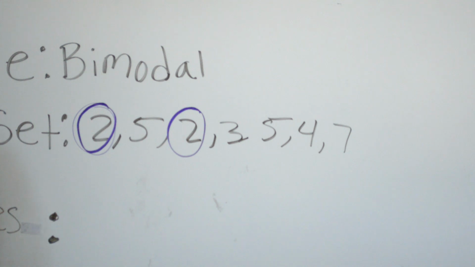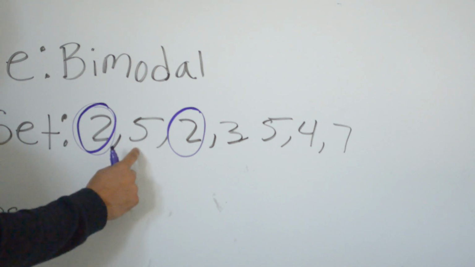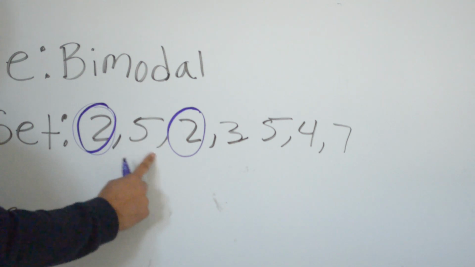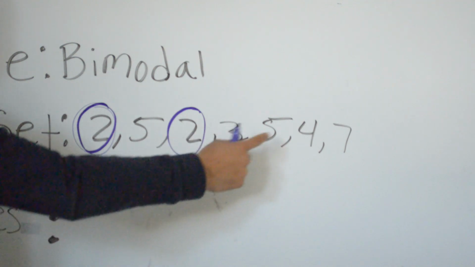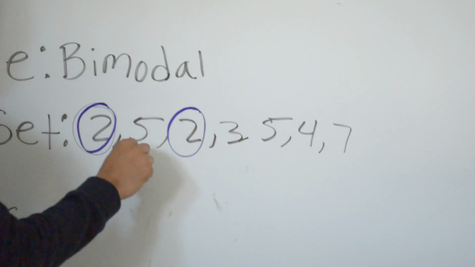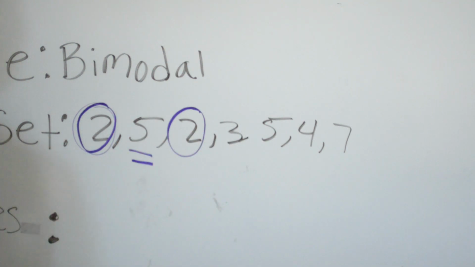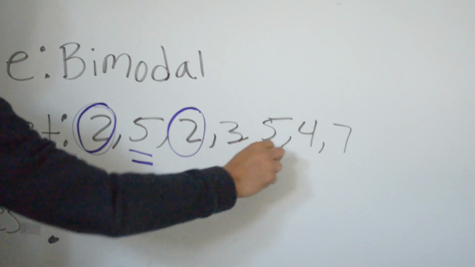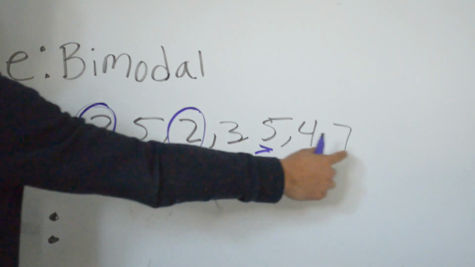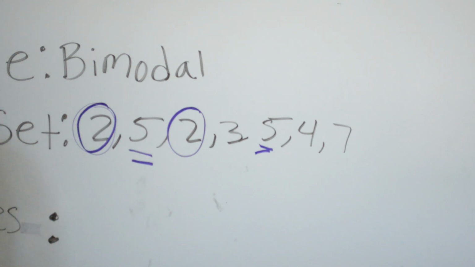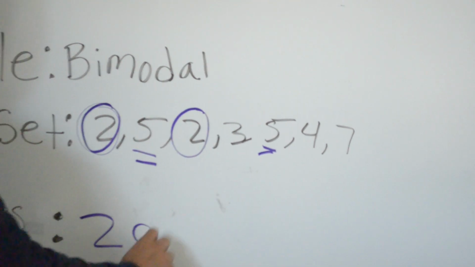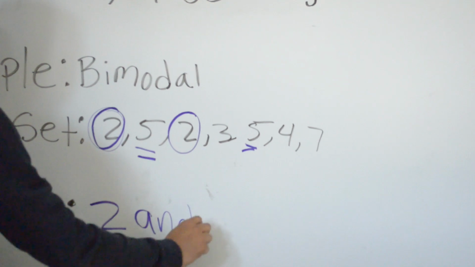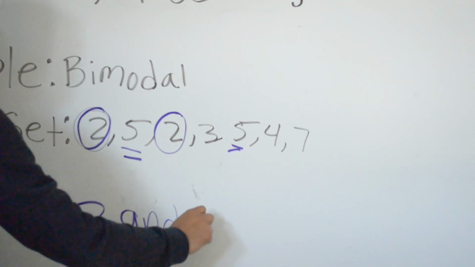There's none. Then we go to the second one. We look at 5. There's a 5 here. No 5, no 5. There's another 5. So we just underline it so we don't get confused. No 5 here, no 5 here. So in this problem, there are going to be 2 modes because 2 numbers repeat themselves. So your mode is going to be 2 and 5.